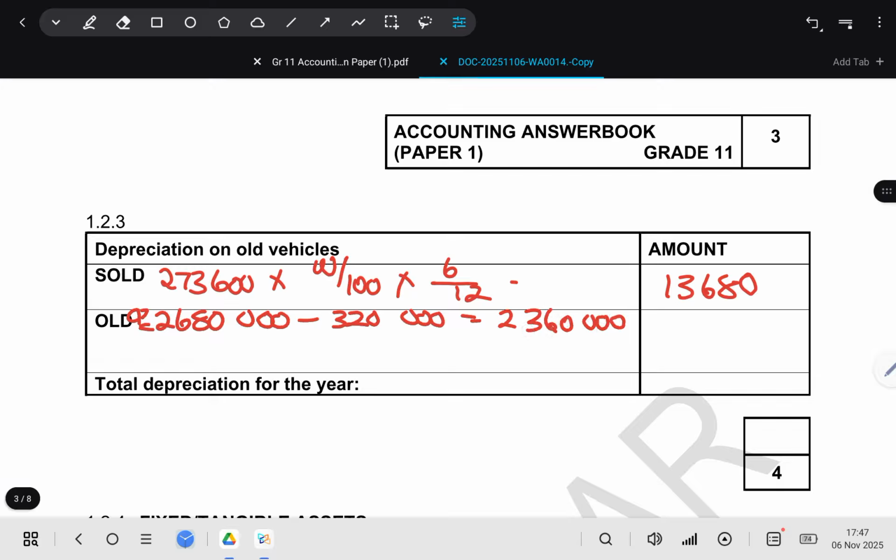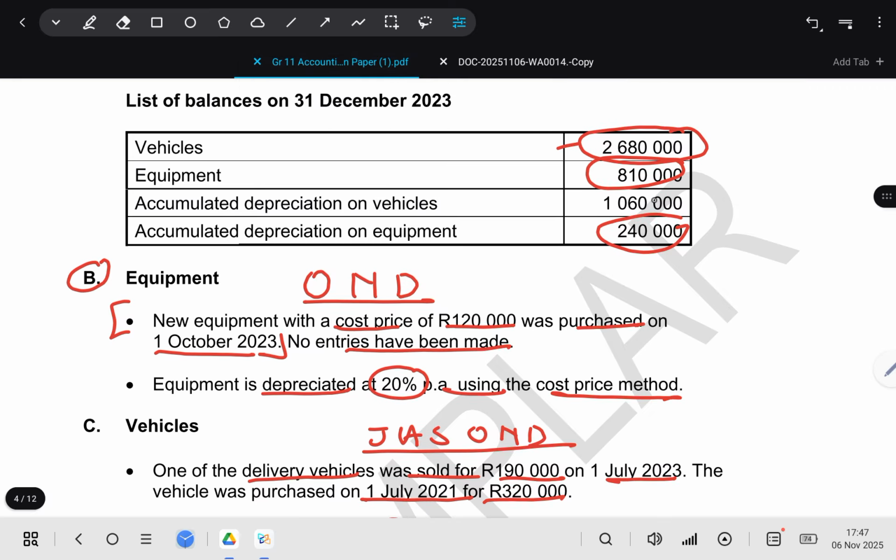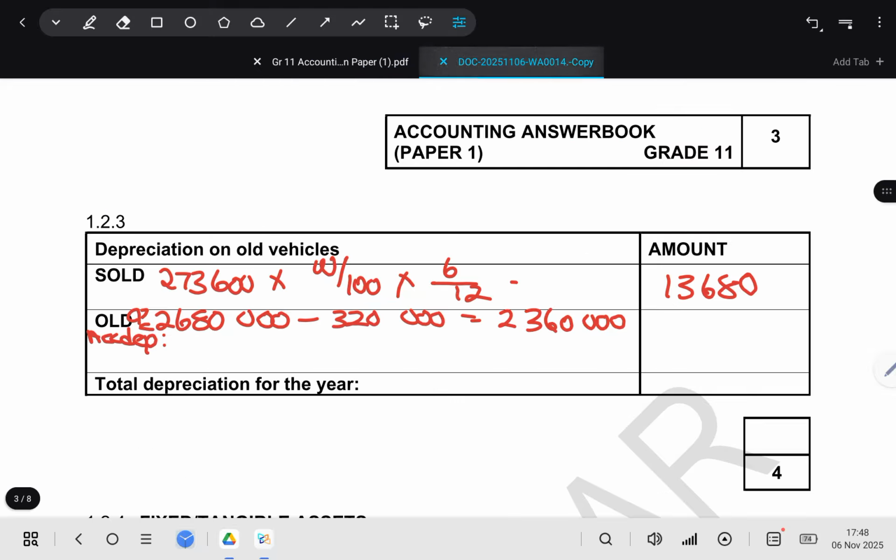2,360,000. Now when we look at our accumulated depreciation, remember we must also subtract the depreciation of the one that was sold. So it is 1,060,000, right? Now on the old ones, remember they include that one that we sold.